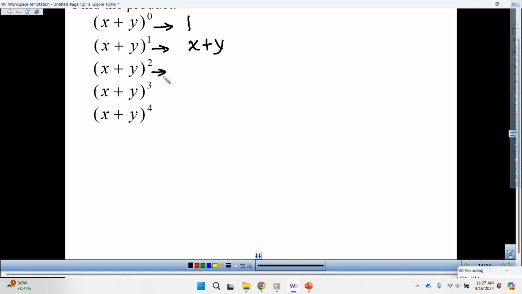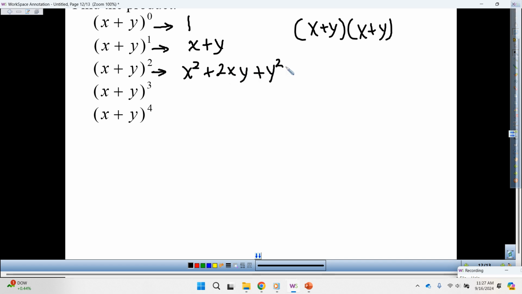This one is the same as x plus y times x plus y. Over the weekend, they made some index cards and they memorized their properties already. So they already know what this is, right? X squared plus 2xy plus y squared. We don't even need to worry about that. And so on and so forth.